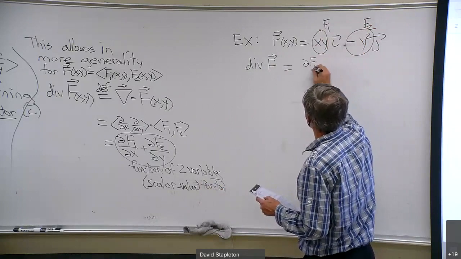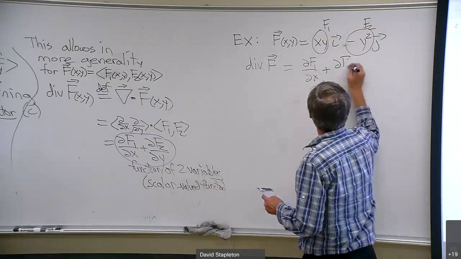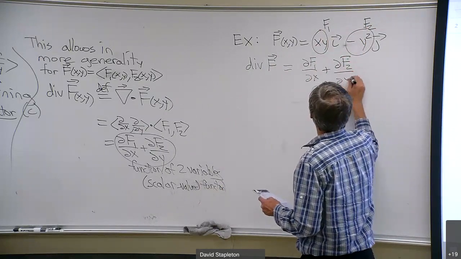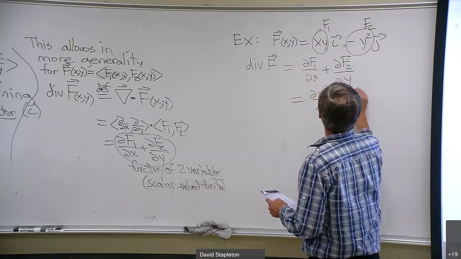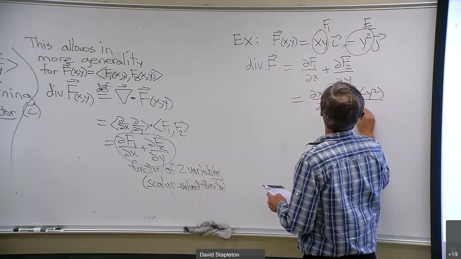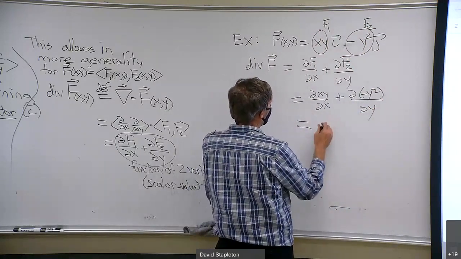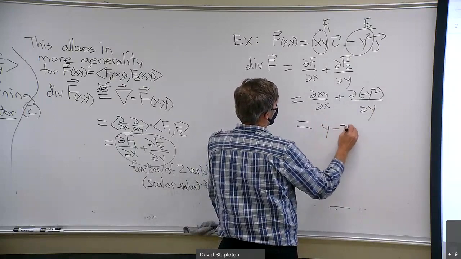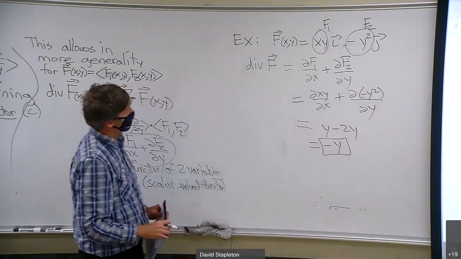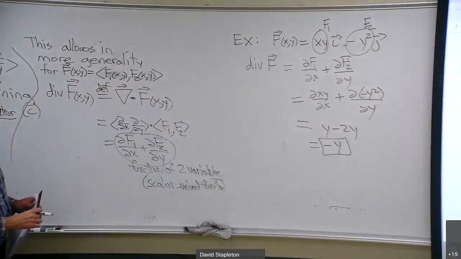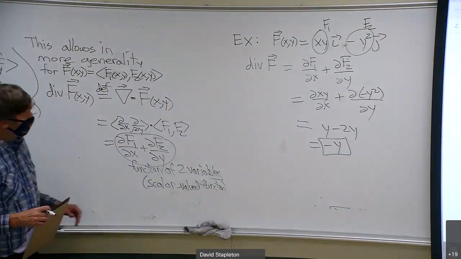You just take df1 dx plus df2 dy according to the definition. And then the partial of xy with respect to x plus the partial of minus y squared with respect to y gives us the ordinary scalar function y minus 2y, or negative y, which comes out as a function of two variables. In this case, the x fell out. There's the divergence.